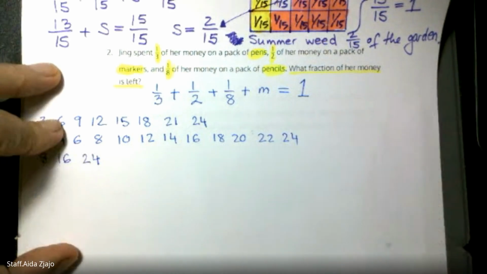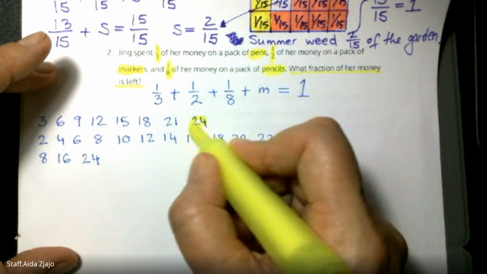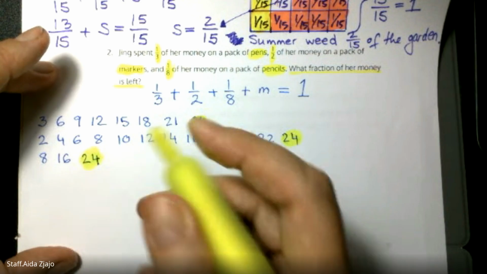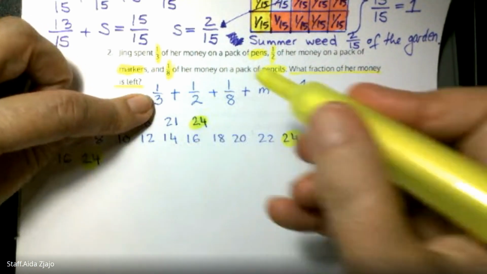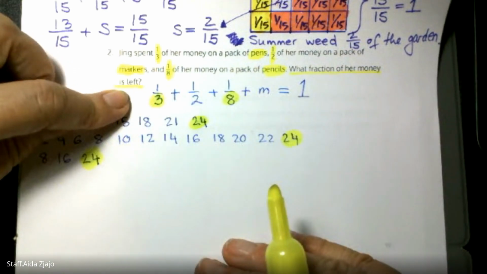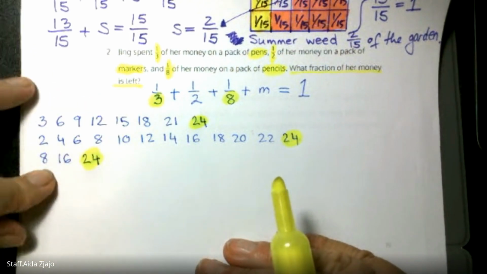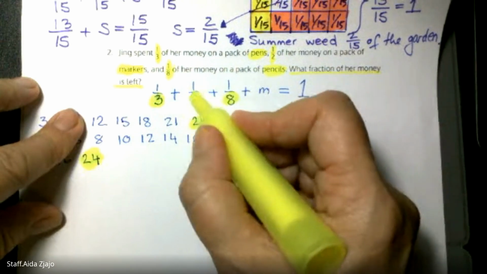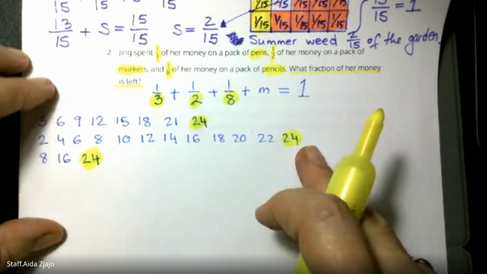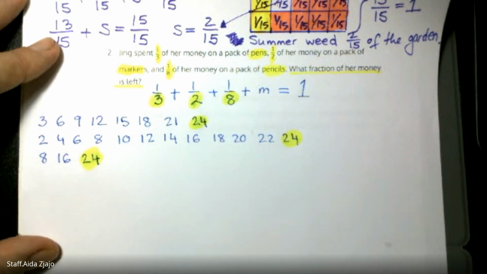Okay. Some kids will see right away, when we have the prime number 3 and the 8, that the least common denominator is 24 for all three of them. And also 2 can change into 24. But the best way is to skip count till you find the least common denominator.